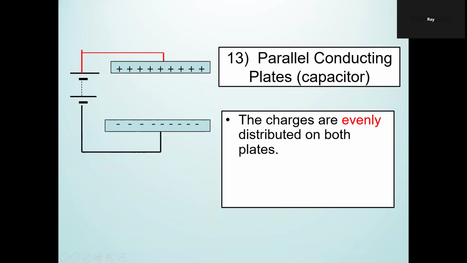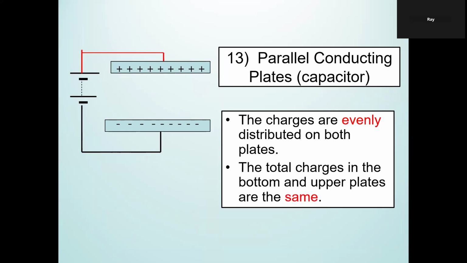The charges are evenly spaced. They repel each other so that they are evenly spaced. Total charges on the bottom and upper plate are the same. Right? So field lines start from positive and end on a negative charge.